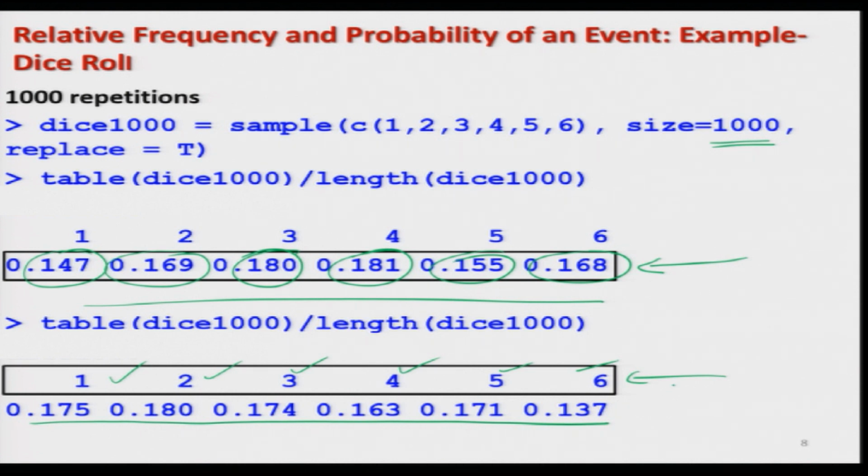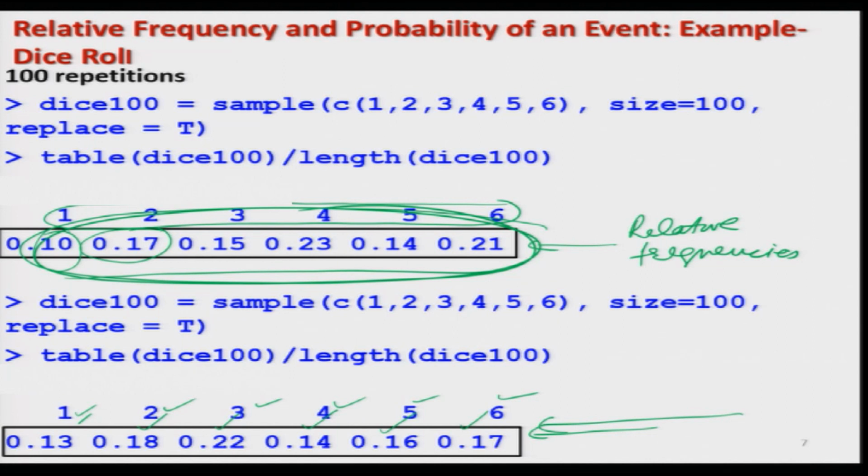So, you can see here there are still fluctuations among the values, and there is also some difference between the values of the corresponding observations in the two repetitions. But definitely the variation is much smaller than when you try to repeat the experiment only 100 times.